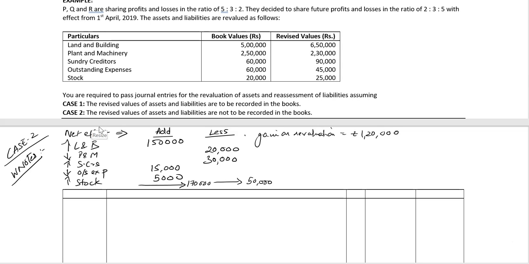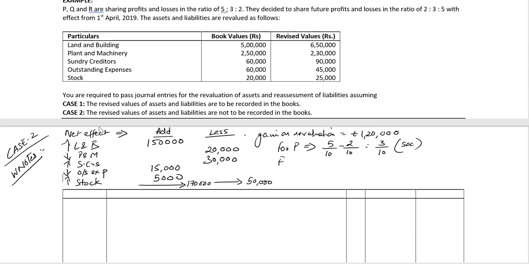The next step is to find out the gain and sacrifice of the partners. For P, old share 5 by 10 minus new share 2 by 10, positive 3 by 10. P has sacrificed.